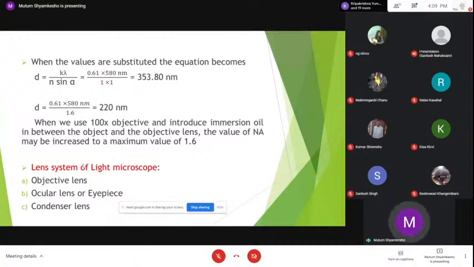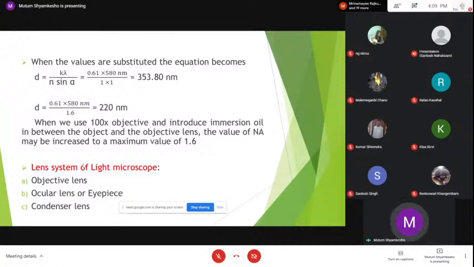When this NA value is replaced by 1.6, then the limit of resolution becomes 220 nanometers.